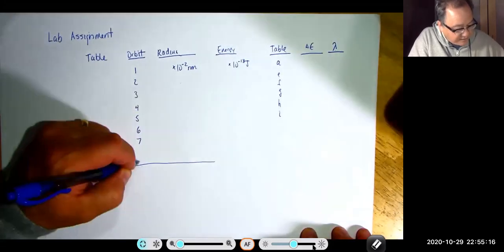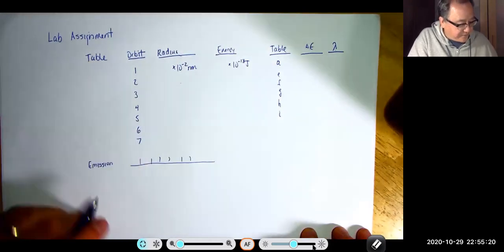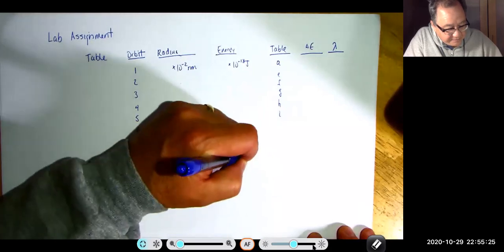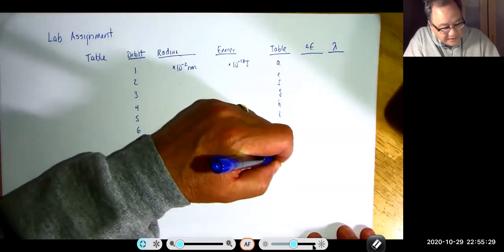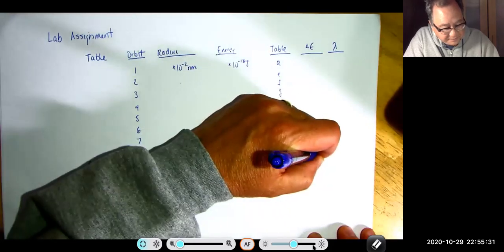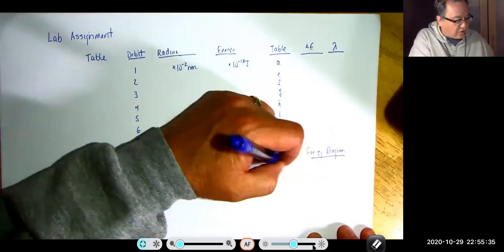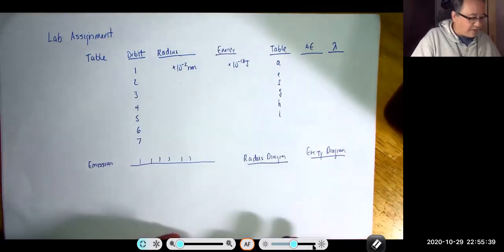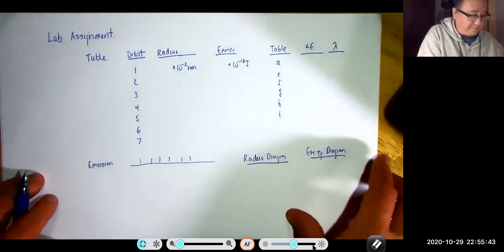So since there are 6 lines here, you should have 6 lines here. I would like to see the radius diagram and the energy diagram. So what's neat about these things is these should all be in your lab notebook. So you've already done that work. Great. Let's see what else you should be doing for your lab assignment.